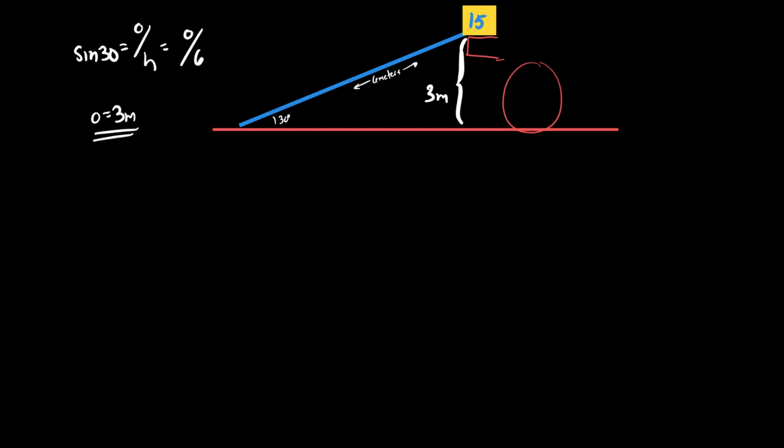So I'm just going to calculate the gravitational potential energy of the box when it's in the truck, and that'll be mgh. We're going to use 3 meters for the height and 15 for the mass. So 15 times 10 times 3. So looks like 450 joules, if I'm doing my arithmetic correct in my head.